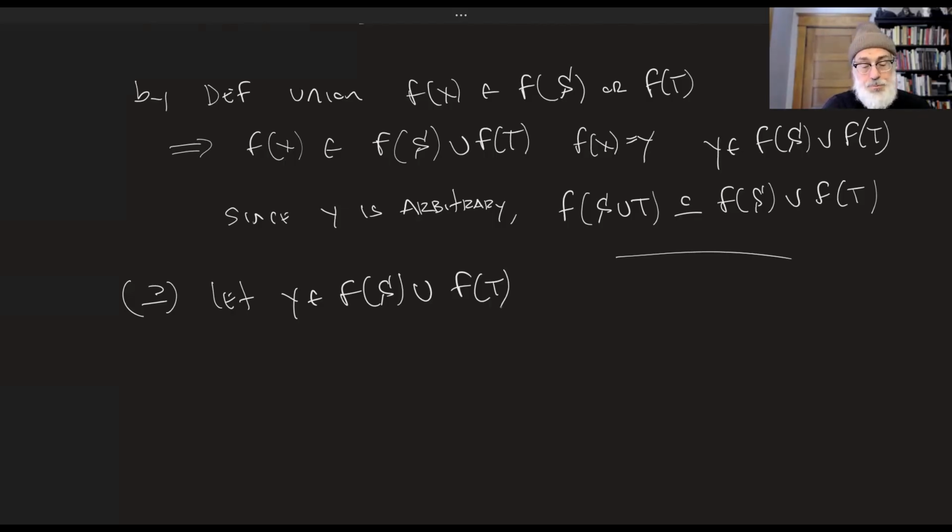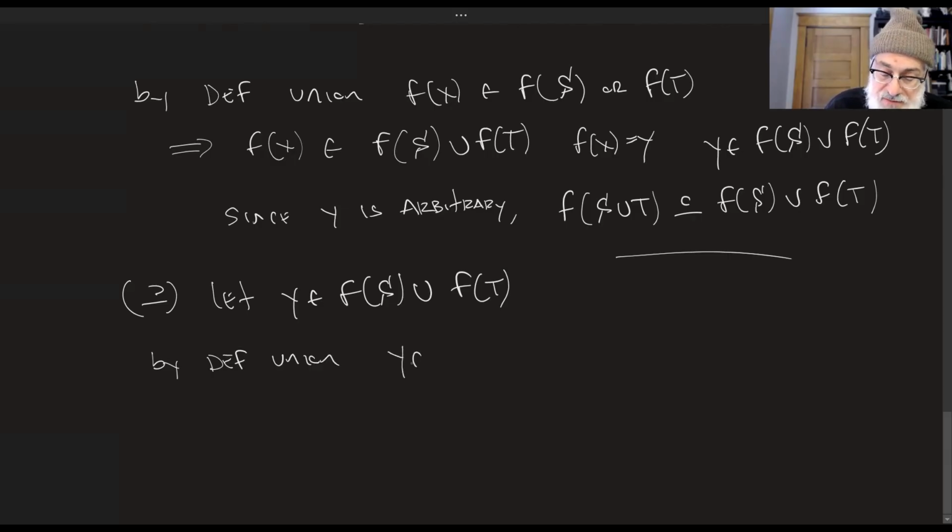All right, so this implies, by the definition of union, that y is in f of s or y is in f of t.